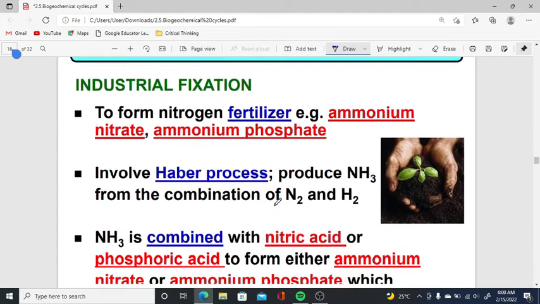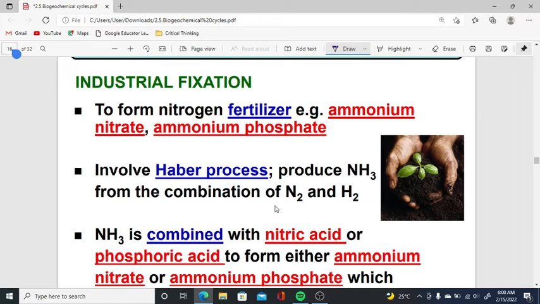Okay, the second one is industrial fixation. So industrial fixation to form nitrogen fertilizer, jadi baja lah. For example, ammonium nitrate and ammonium phosphate. Okay, involve Haber process. So Haber process is process to produce ammonia from the combination of nitrogen gas and hydrogen gas lah. So nitrogen gas combine dengan H2 forming ammonia.